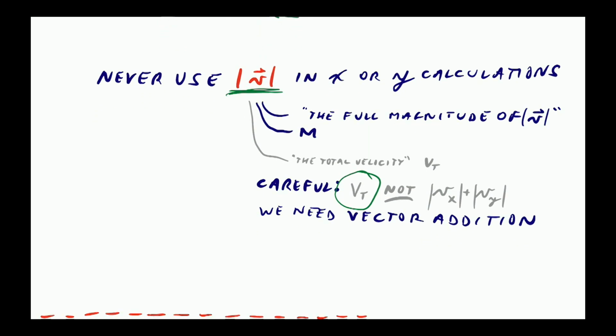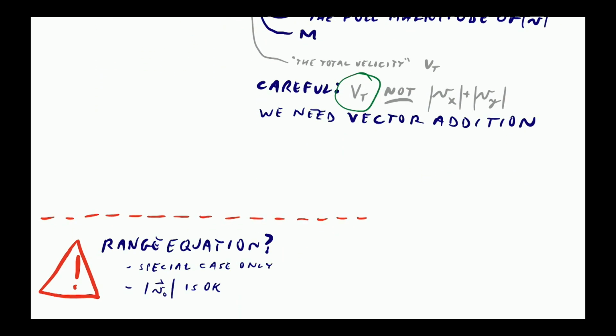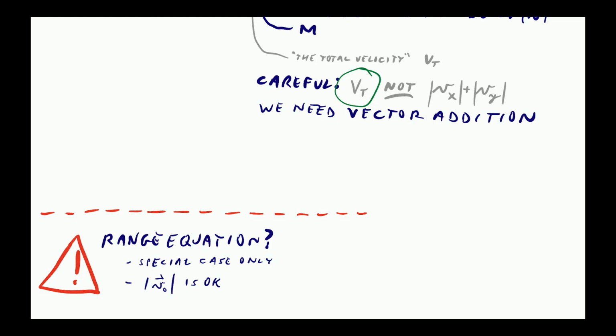While I am talking about pitfalls, watch out for this one. Do I dare show it? I'll show it. Okay, the range equation. I put a big exclamation point there, and I don't even put the equation for you just because it has led to confusion for students. There exists, you've probably seen, a special equation, a special case for ground to ground or tabletop or whatever you call a projectile that starts and ends from the same place, right?